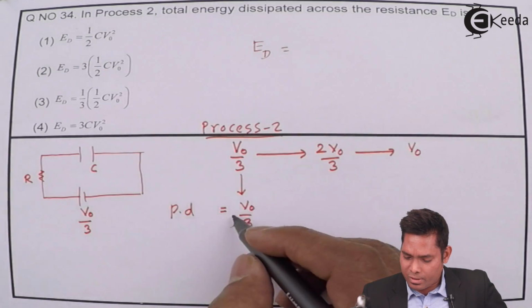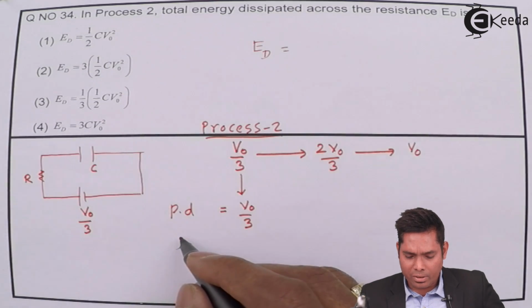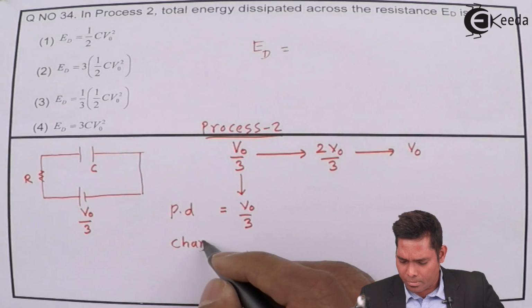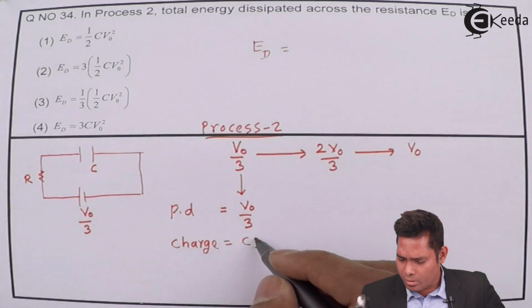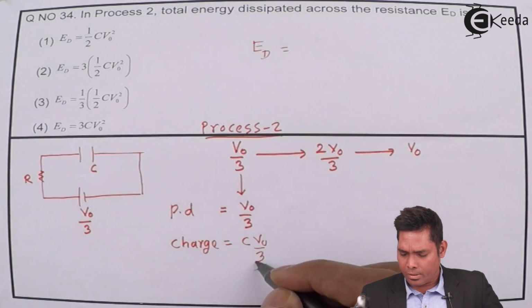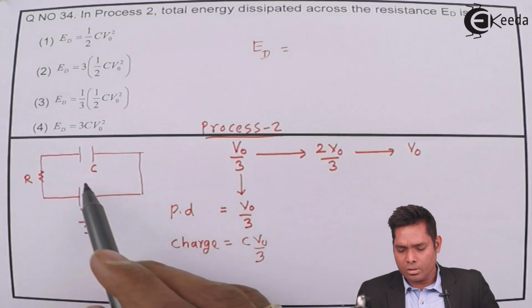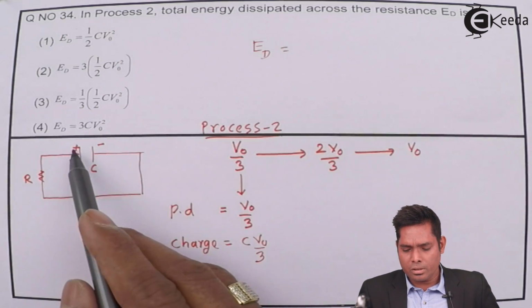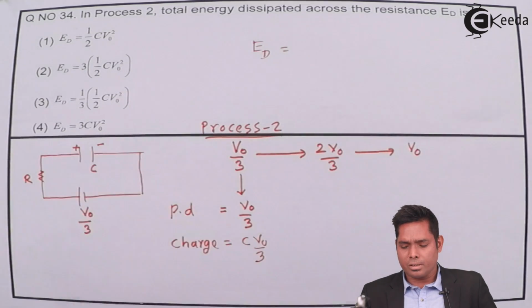So the potential difference is this and the capacitance is C. The charge at this time is C V0 by 3, the charge on the capacitor plates, plus and minus. This much charge is on this plate, and this much on the other. This is positive, this is negative.